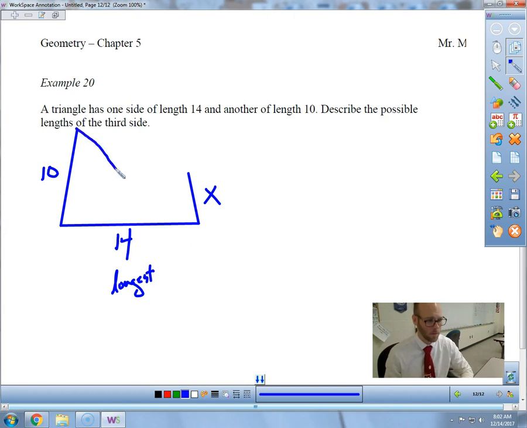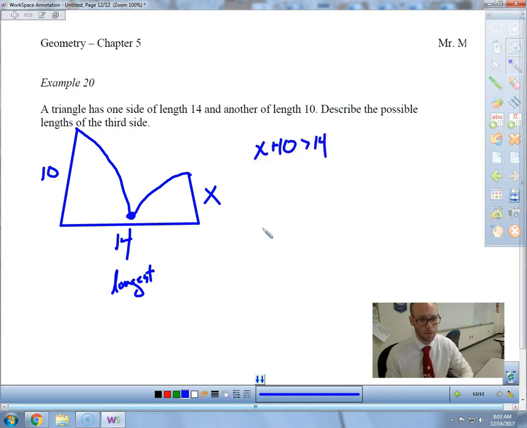Well, if they're going to make a triangle, they need to meet above that longest side. How big does x have to be? Okay. Well, if you said x has to be greater than 4, you'd be correct. Because we know that these two sides have to add to be more than 14. Otherwise, they're not going to connect. So x plus 10 has to be greater than 14, which tells me x has to be greater than 4. If it was 4, where would they meet? They'd meet right there. Okay. So x has to be greater than 4.